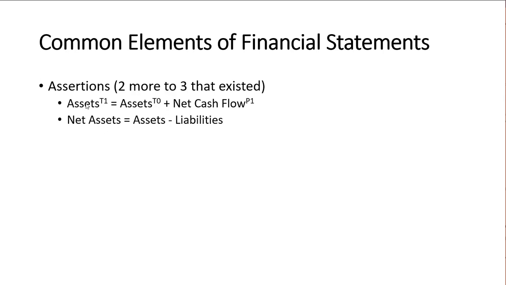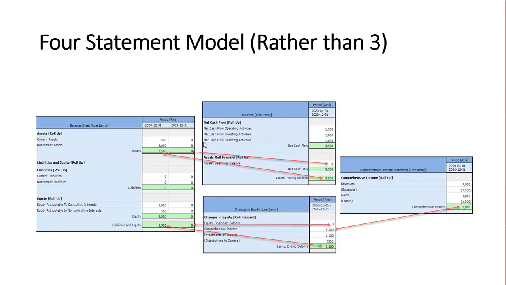And this ties the cash flow statement to what we had, the 3-statement model before. Now we're up to the 4-statement model, and we add the net assets version that not-for-profits use to report. And we have the 4-statement model, and all these statements are tied together.